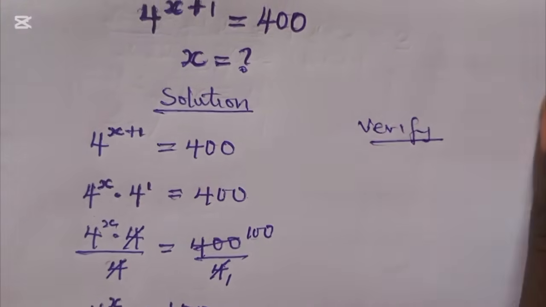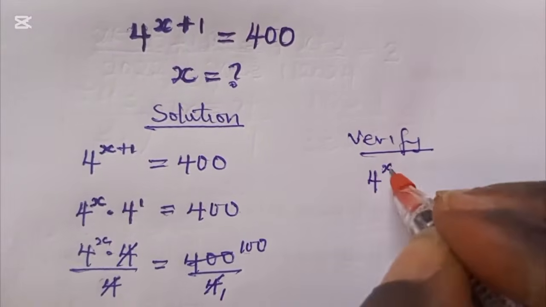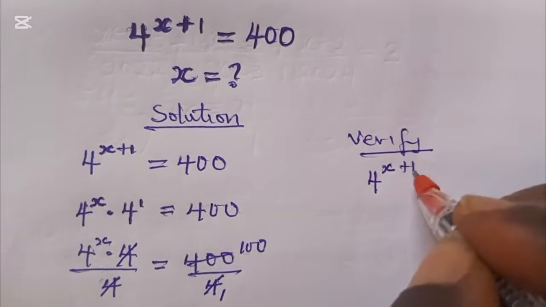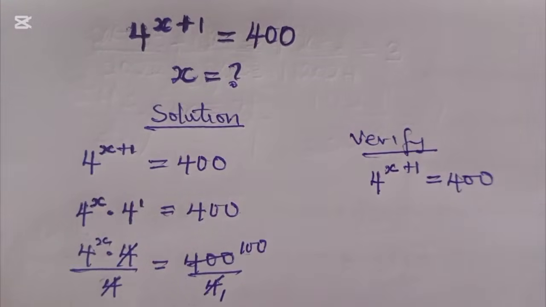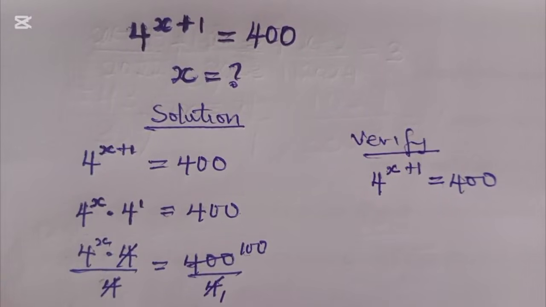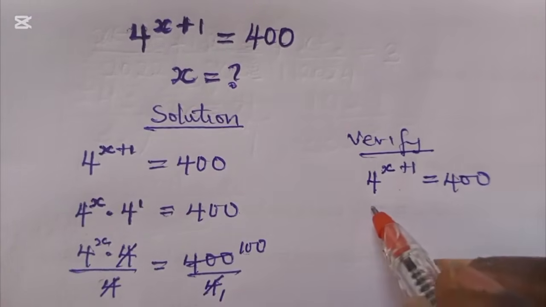From the question, we have 4 raised to the power of x plus 1 equals 400.